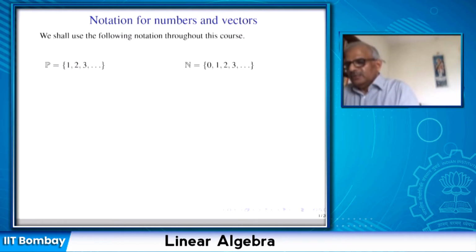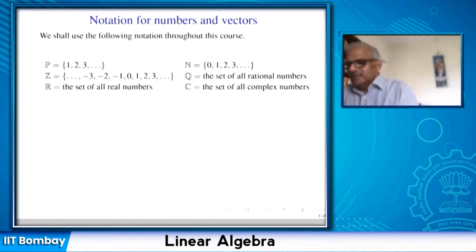He writes P for positive integers, so it begins with 1, and N for non-negative integers, so it includes the integer 0. Z is the set of all integers, negative, positive, or 0, and Q is the set of all rational numbers. R will denote the set of all real numbers, and C will denote the set of all complex numbers.